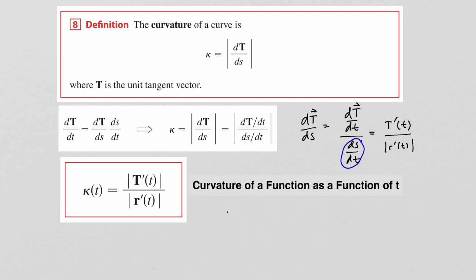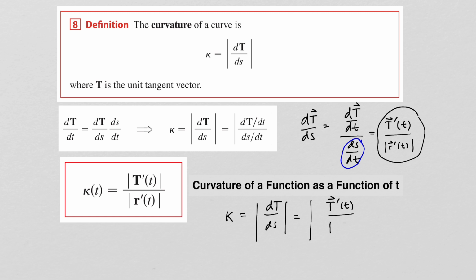And now kappa, which is defined as the magnitude of dT/ds, is equal to the magnitude of this thing, which is T prime of t divided by the magnitude of r prime of t. But this is already a scalar.